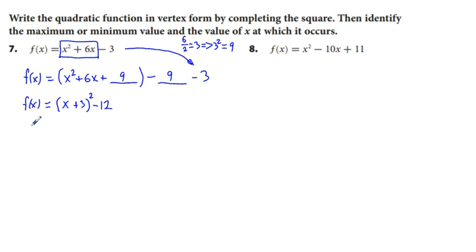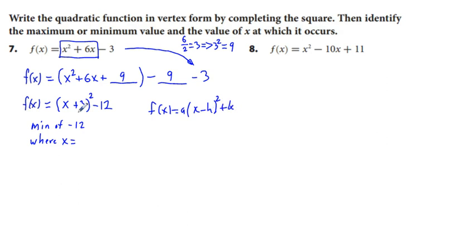So there's a minimum of -12 where x is equal to, remember we have f of x equals a times quantity x minus h squared plus k.